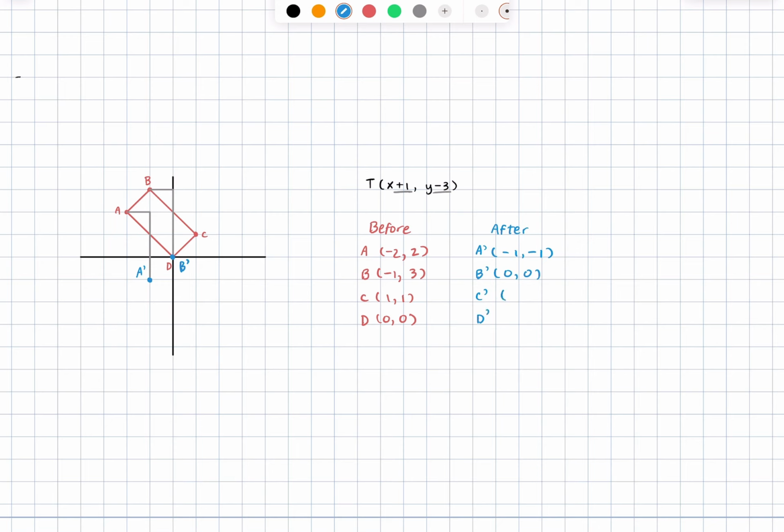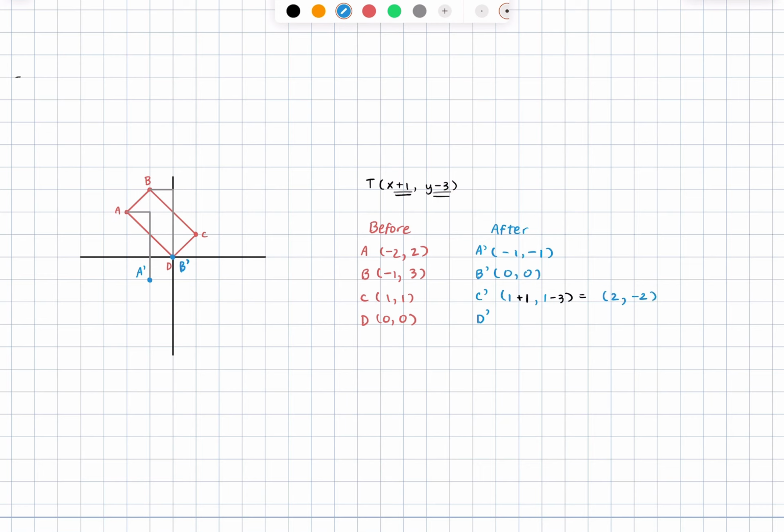So C, so 1. So I'm going to write 1. And then we take the transformation from the question, plus 1, comma, and then we have 1 again, minus 3 from the table. So 1 minus 3. And this gives us 1 plus 1 is 2. 1 minus 3, that's negative 2.